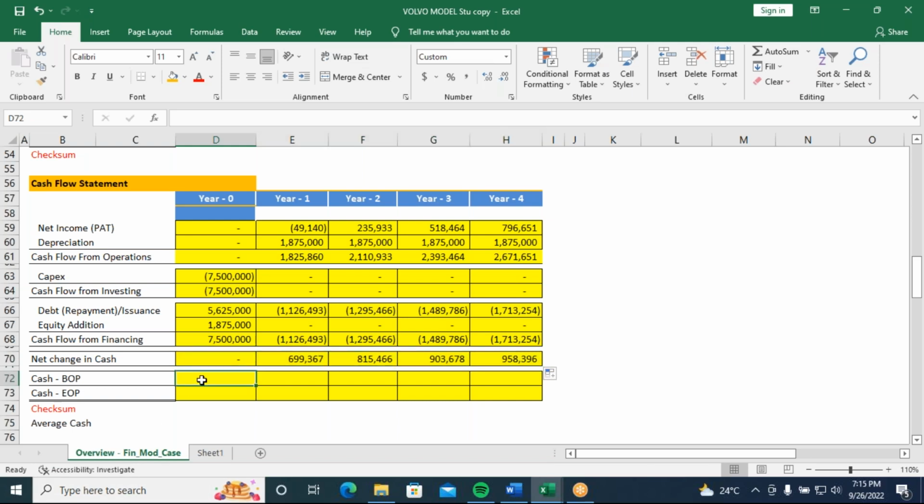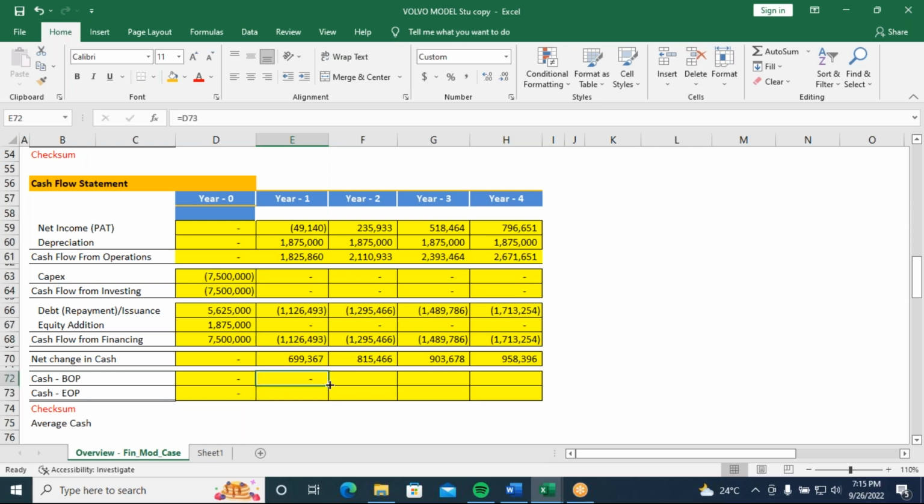So cash at the beginning of the period. For the beginning of the period, we don't know how much cash we had, and for the end of the period also we did not know the cash amount. So for the first year it will be equal to the end of period value, which will become the beginning of the period value.